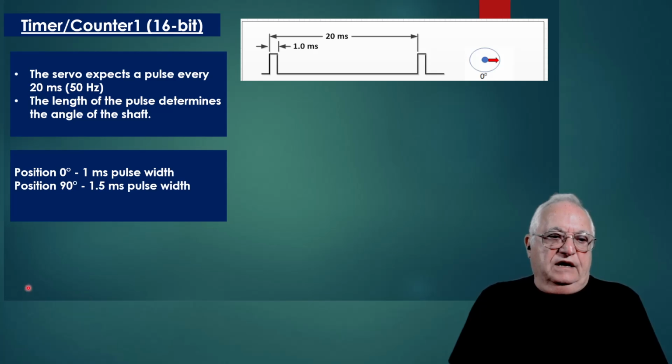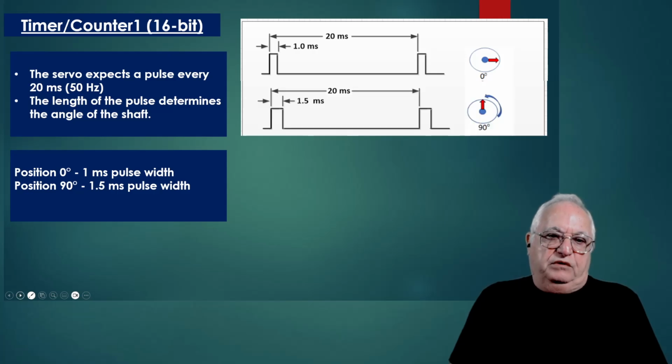Next, if we want the shaft to move to a position of 90 degrees, then we need to send a pulse of duration 1.5 milliseconds. So basically this would show the signal to move the shaft of the motor from position 0 to position 90.